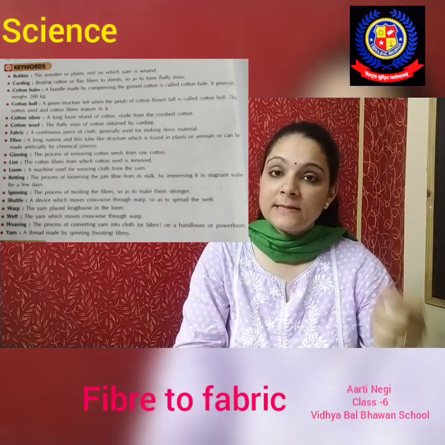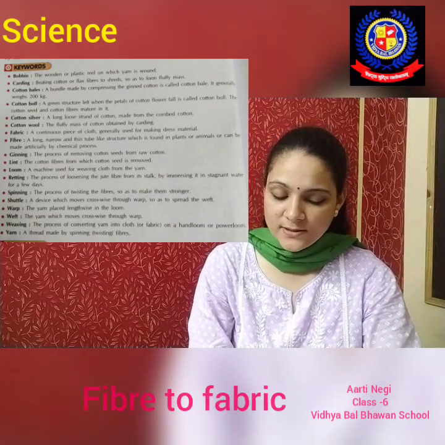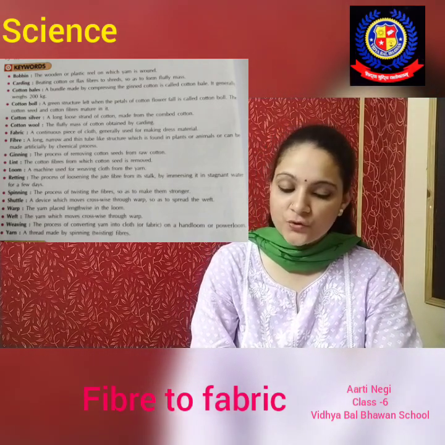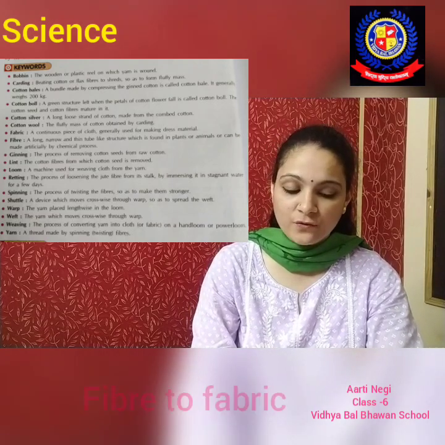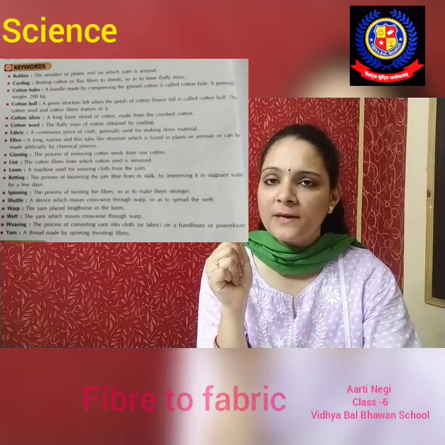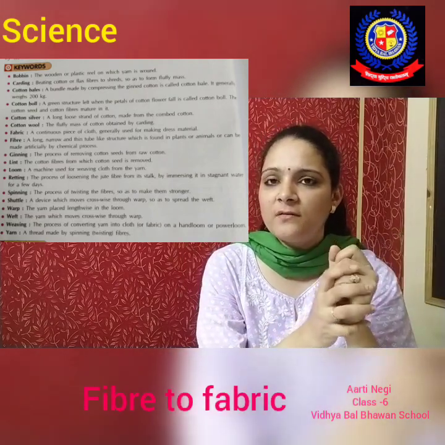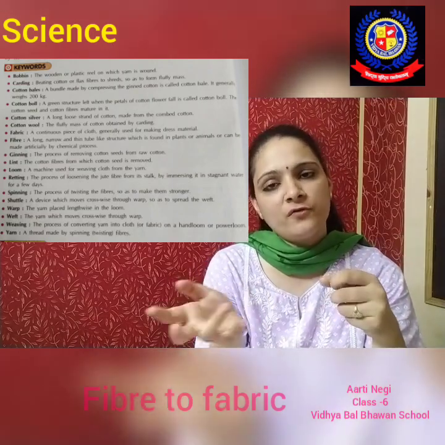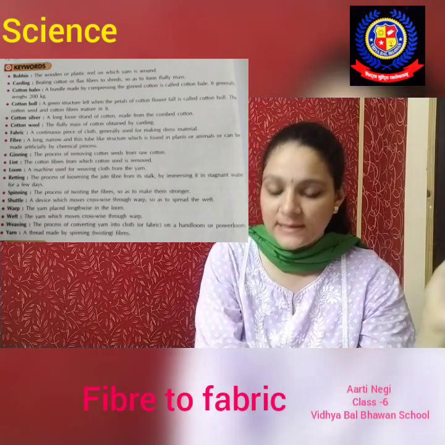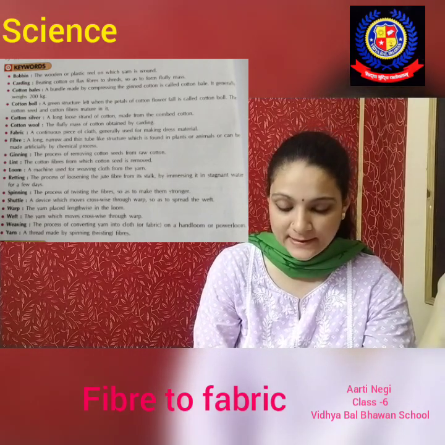Okay. Second is carding: beating cotton or flax fiber to shred it so as to form a fluffy mass. You might have seen shopkeepers beating the bulk of cotton with a plastic, iron or wooden rod. That process is called carding. Next is cotton bales.